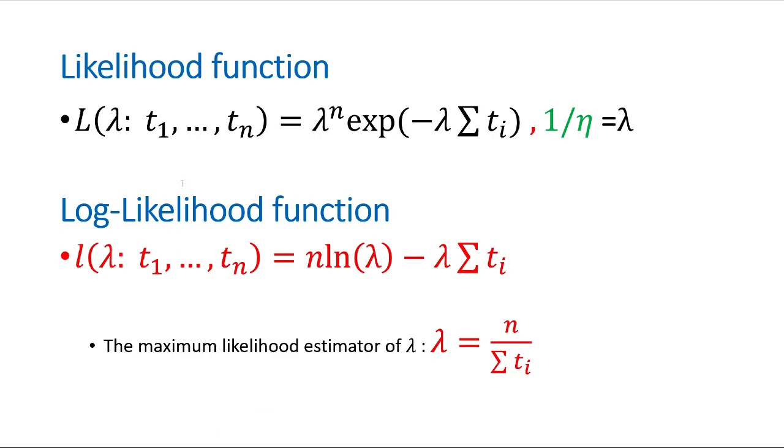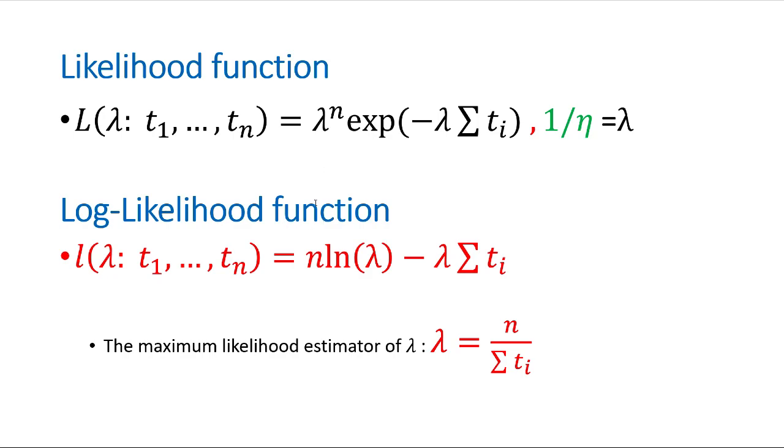And typically we use the likelihood function to estimate lambda. So this is the formula for the likelihood function. We consider the likelihood for each time. Then if you multiply across all the different times, you get this formula. And typically we also use the log likelihood function.